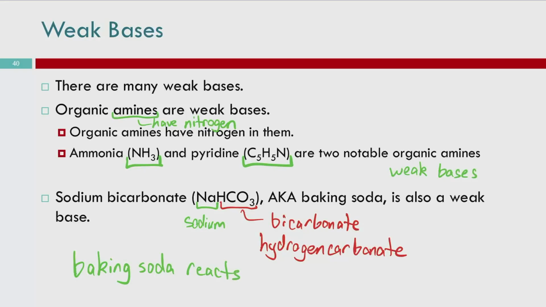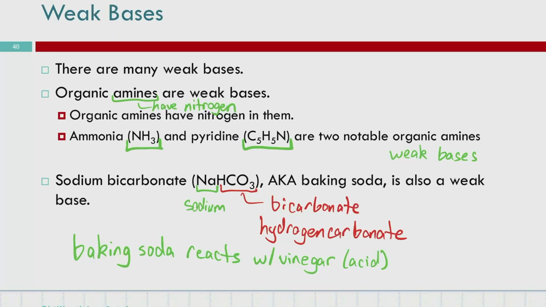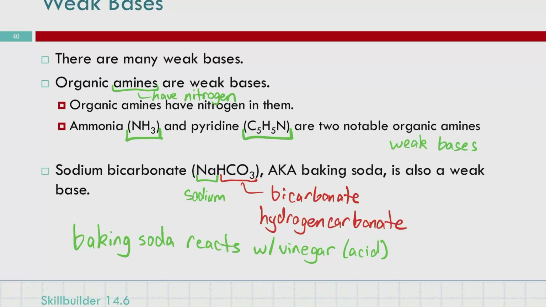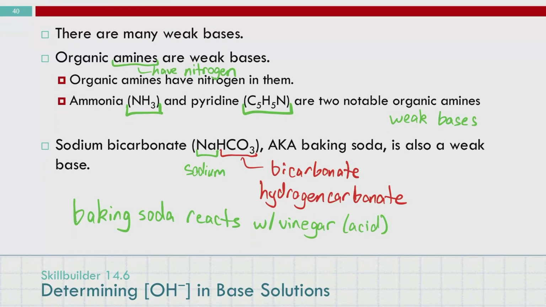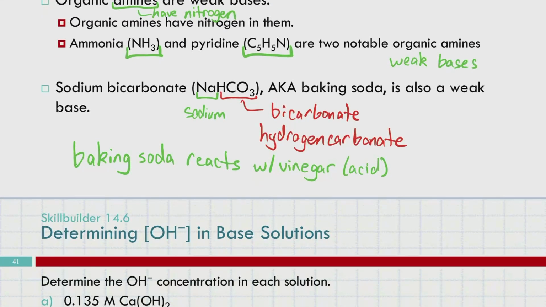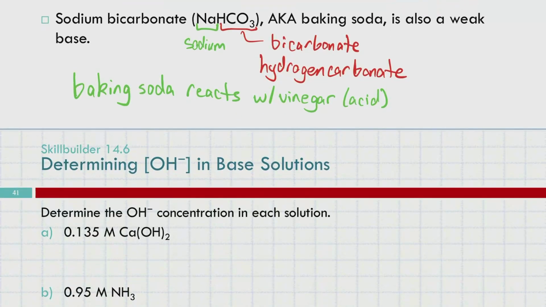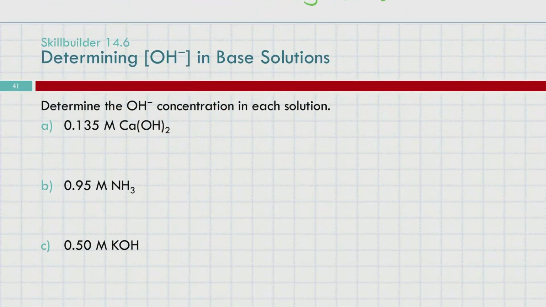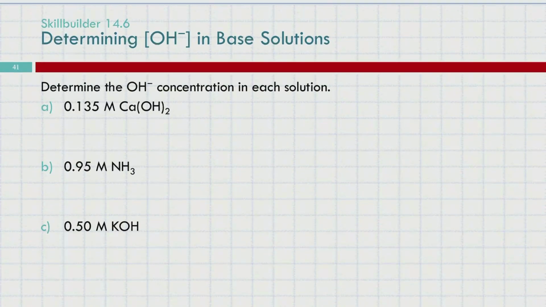Possibly a way that you could remember that baking soda is a base: baking soda reacts with vinegar, which has acid in it. It's an acid-base neutralization reaction. That's the classic science fair papier-mâché volcano sort of thing. Or lots of people's favorite cleaning hack that isn't actually a cleaning hack that I mentioned last class. So there's 3 examples of weak bases.